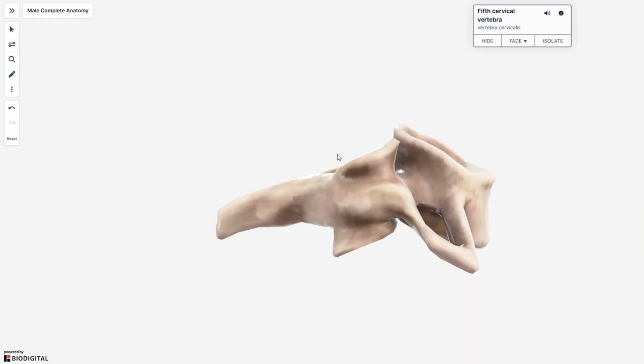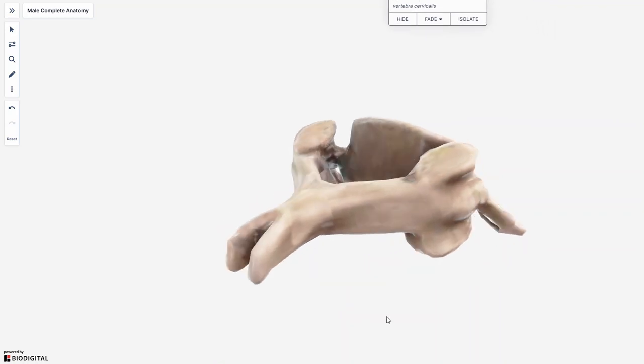These are called the articular processes, the superior articular process and the inferior articular process. When the vertebrae stack together, these articular processes will articulate between the different vertebrae and create what's called the zygapophyseal joint, or the apophyseal joint, between the vertebrae.